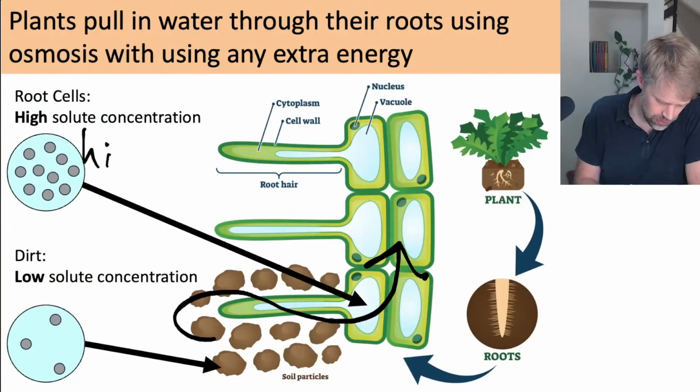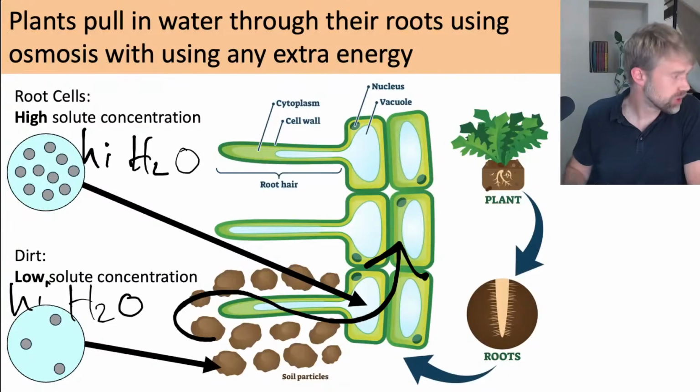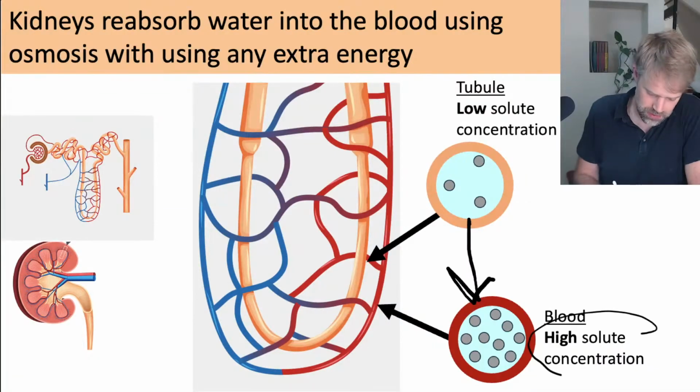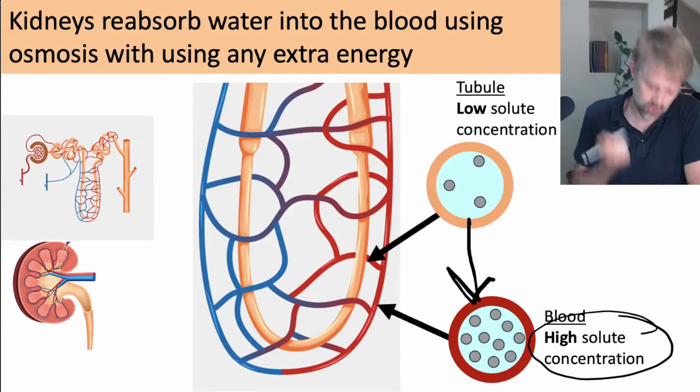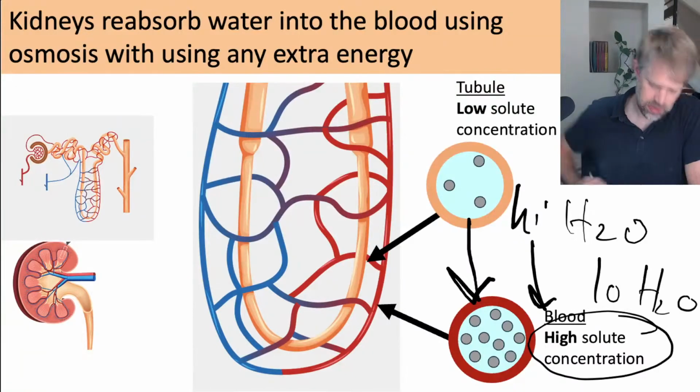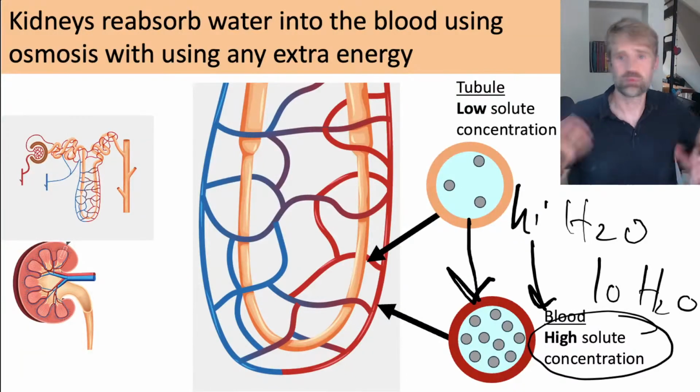Or you can think of it as moving from high water concentration to low water concentration. Similarly here, water moves from the tubule to the blood. You can think about it as being drawn by high solute concentration, or you can think of this as high water inside the tubule and low water in the blood, and it moves from high to low. Two different ways to think about it.